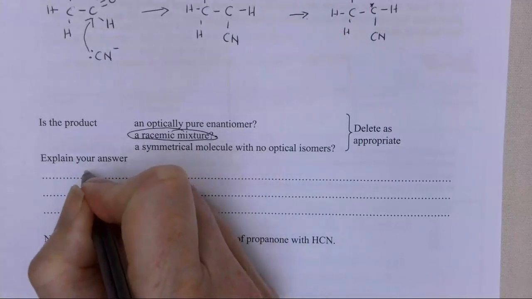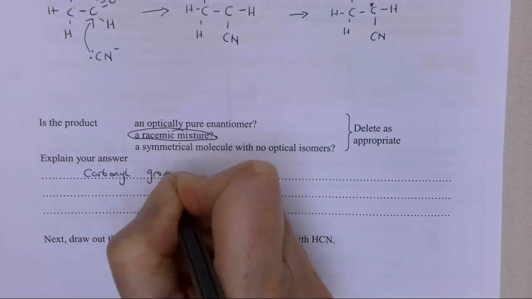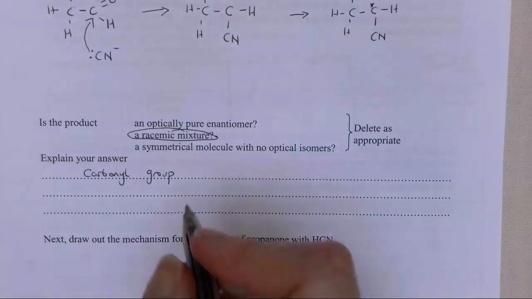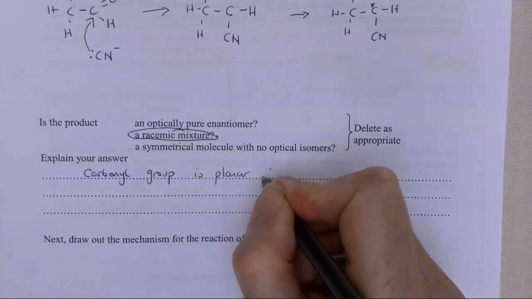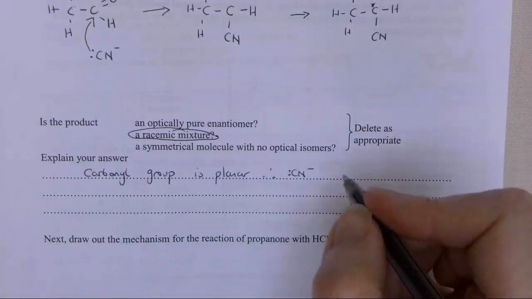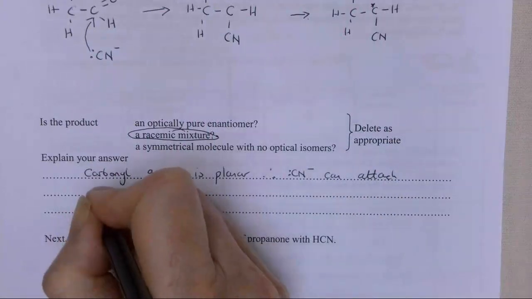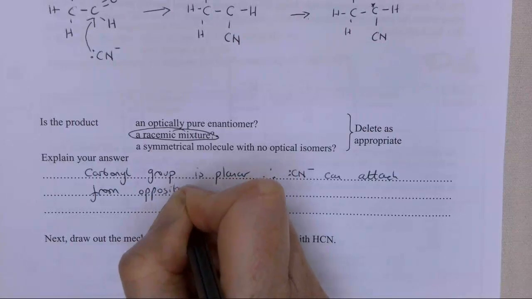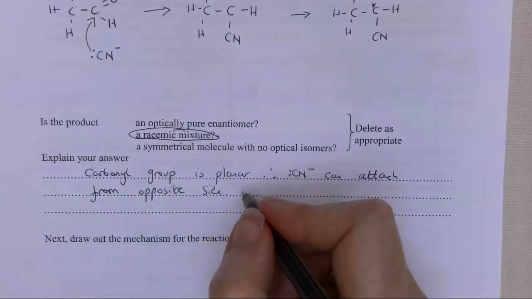So because the carbonyl group, and be careful here you don't say the molecule or anything else, it's the carbonyl group that is planar. Therefore, the cyanide group, the nucleophile, can attack from opposite sides as it did in the SN1 mechanism.